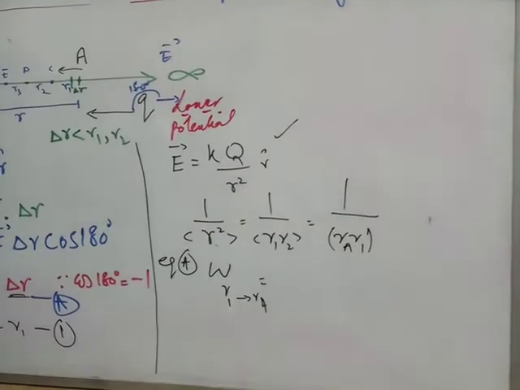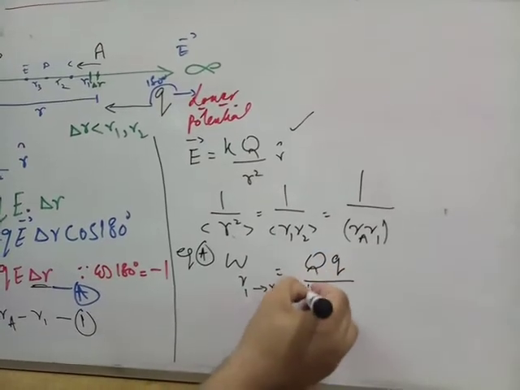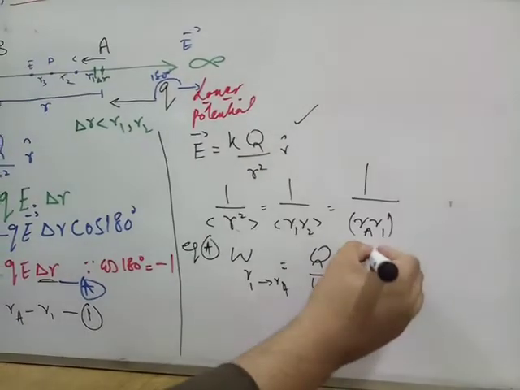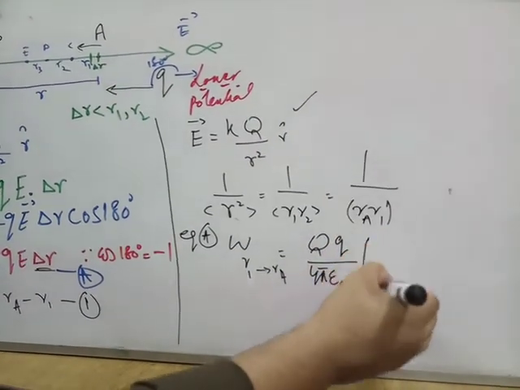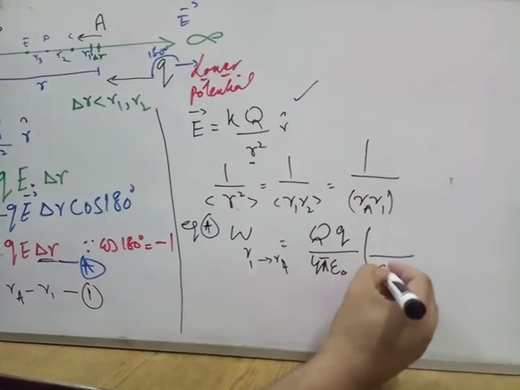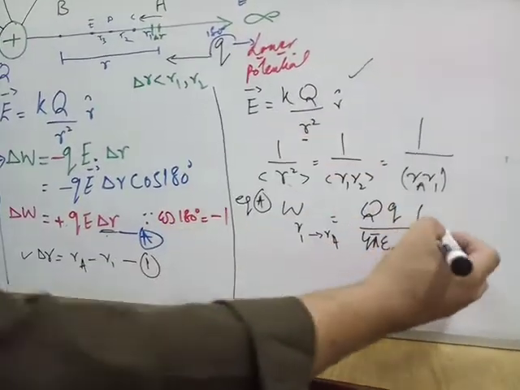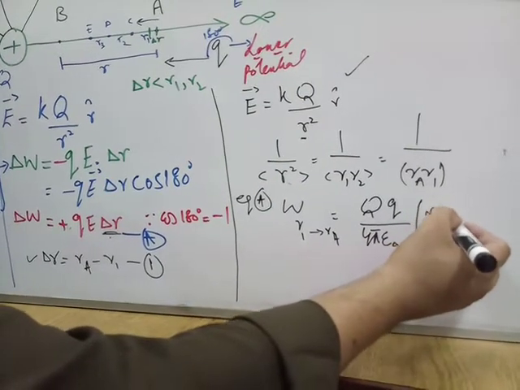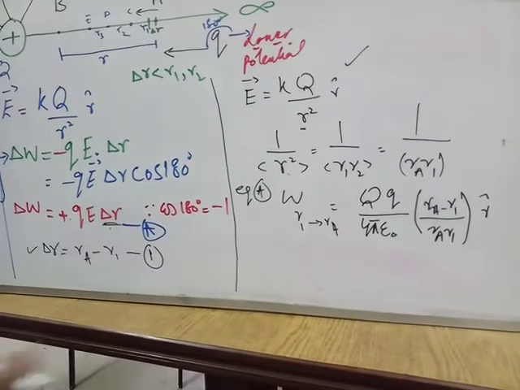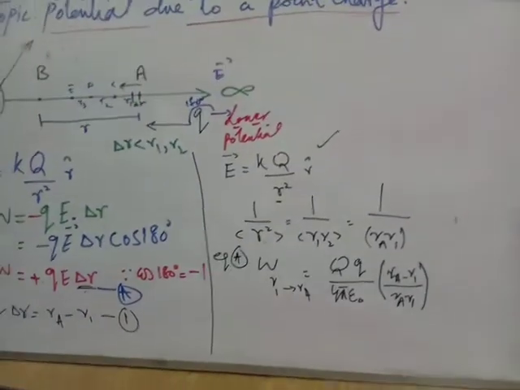So the work done is equal to capital Q over 4 pi epsilon naught, and here we put 1 over the value of R square, that is equal to RA R1, and here we use delta R. So for delta R we put RA minus R1, and this is the direction of R. So this is the work done from R1 to RA.